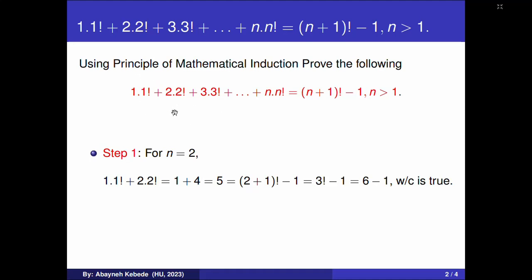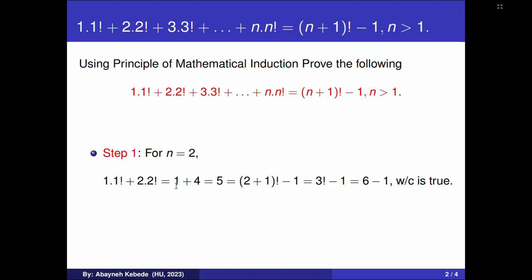Step 1: we need to start with n equals 2, because here n is restricted to n greater than 1. For n equals 2, we have 1 times 1 factorial plus 2 times 2 factorial, which is the same as 1 plus 4, because 1 factorial is 1 and 2 factorial is 2.